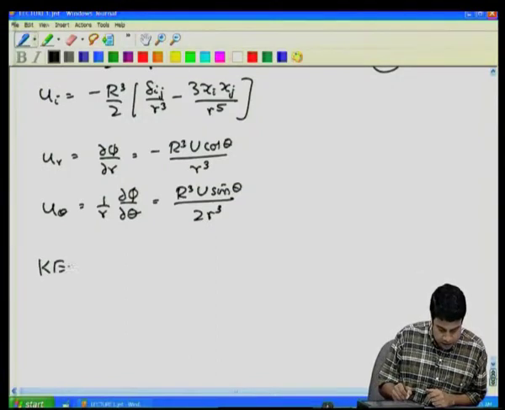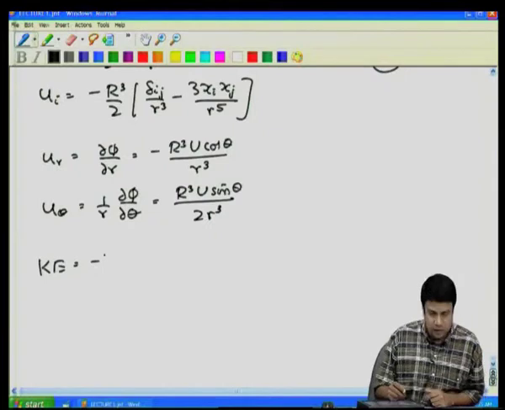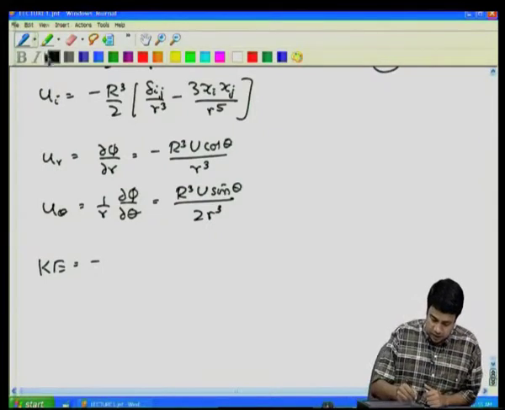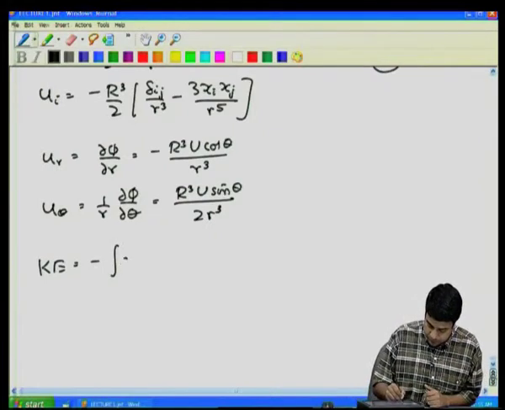The kinetic energy is equal to, as I said, in this particular case, the integral dV half rho.